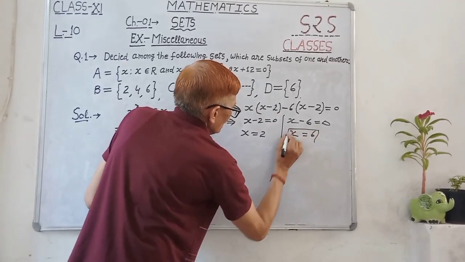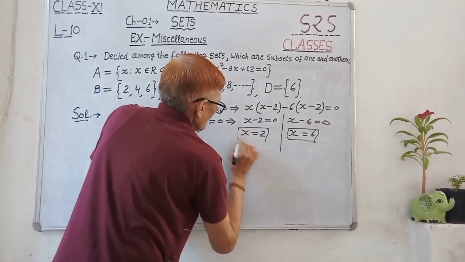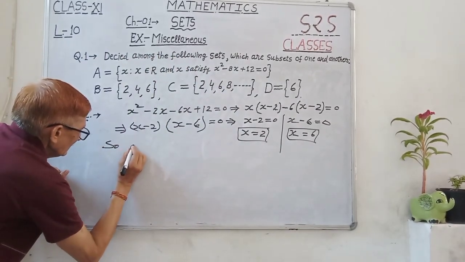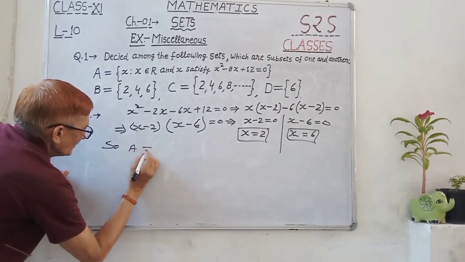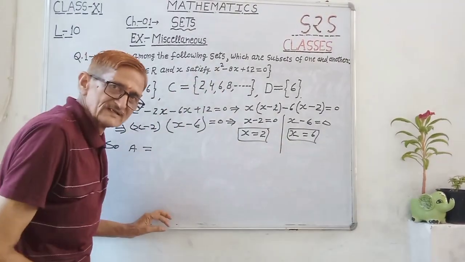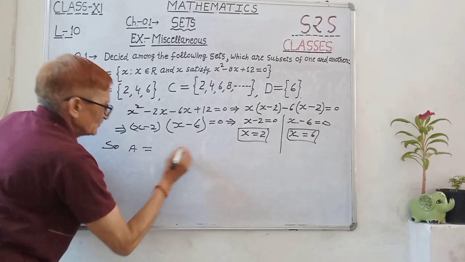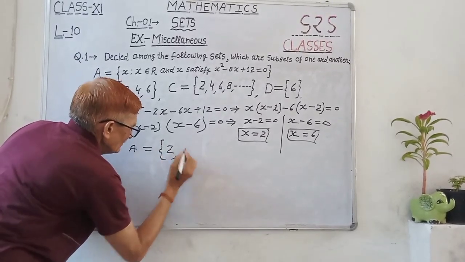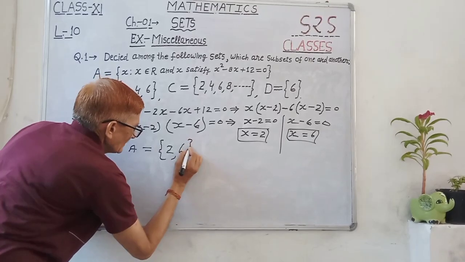So these are the two values of x. So set A is defined by x such that x belongs to real number and satisfied the quadratic equation. Then means x is equal to 2 and 6. These two elements are in set A.